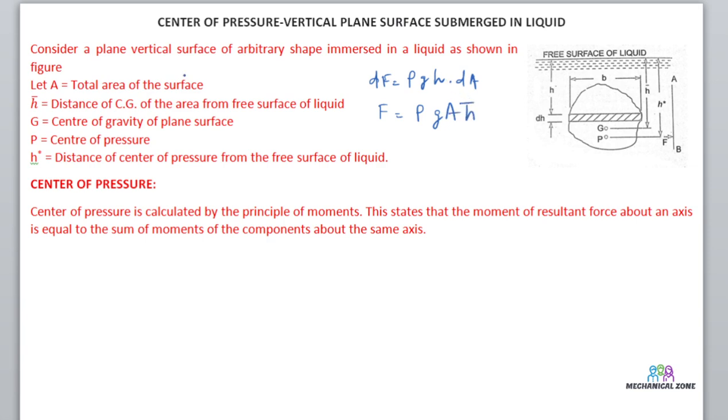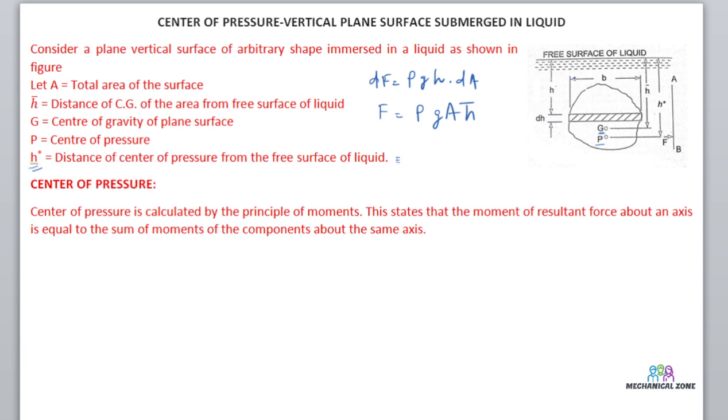The figure is the same, in which an area of arbitrary shape has been taken, which has area A. Then the plane has area A. H bar is the distance of the center of gravity of the area from the free surface of the liquid. G is the center of gravity of the plane surface, and P is the center of pressure of the surface. H star is the distance of the center of pressure from the free surface of the liquid. We will derive the expression for this h star.